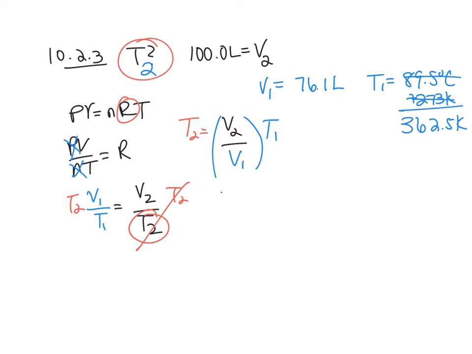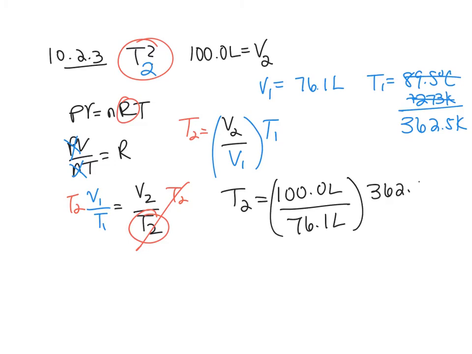And then I can do this thing which we call plug and chug. V2 is 100 liters. V1 is 76.1 liters. And you multiply that by T1, 362.5 Kelvin. And that should give you a T2 of 476.3 Kelvin.